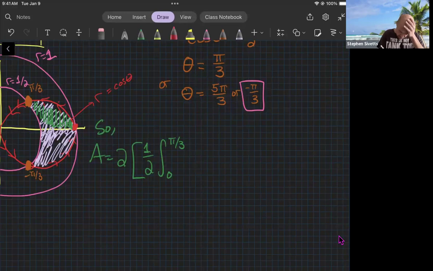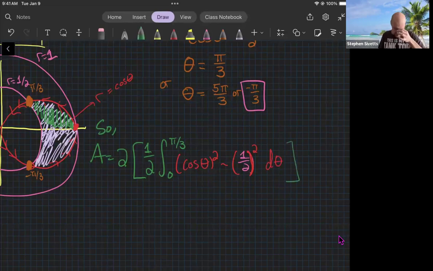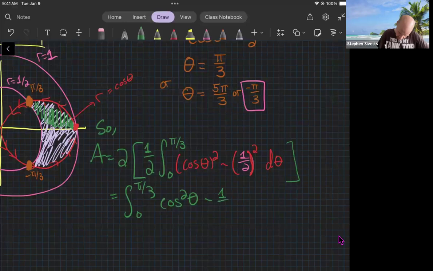So it's going to be the top curve, cosine of theta squared, minus the bottom curve, 1/2 squared, d theta. And so this equals the integral from 0 to pi over 3 of cosine squared theta minus 1/4 d theta.